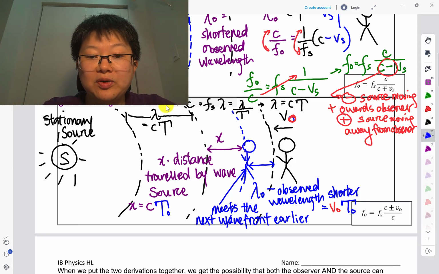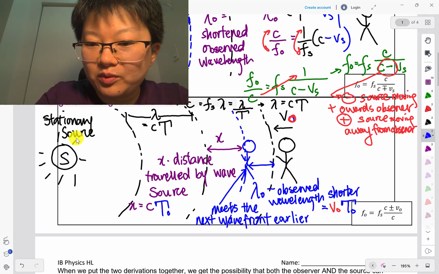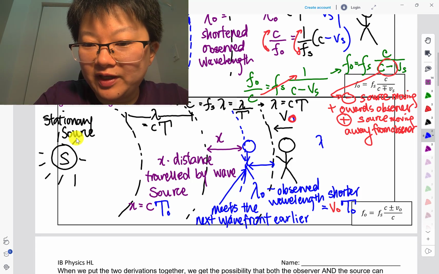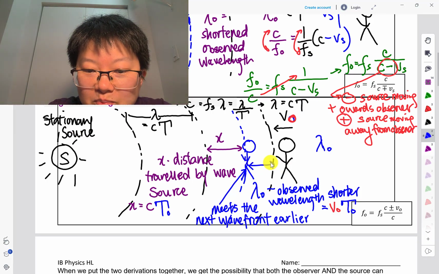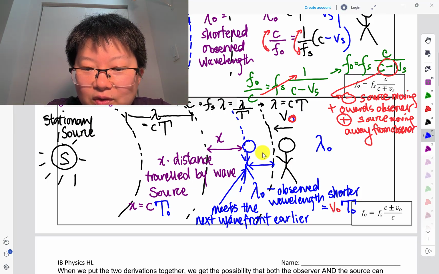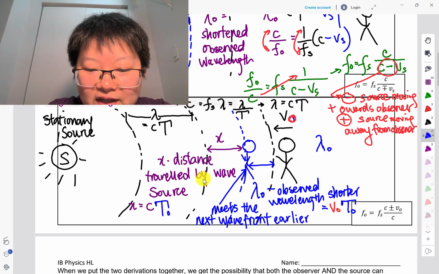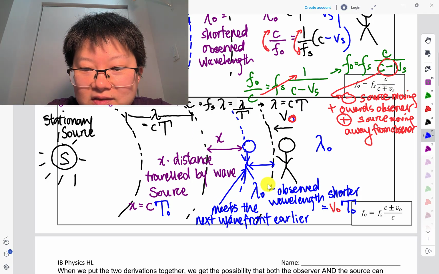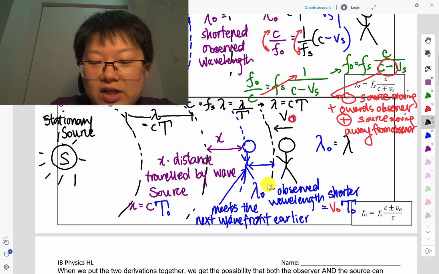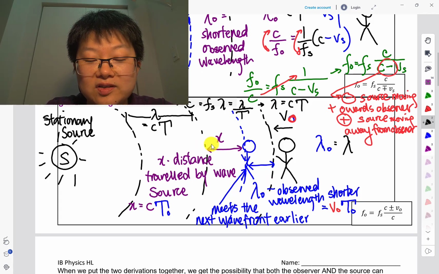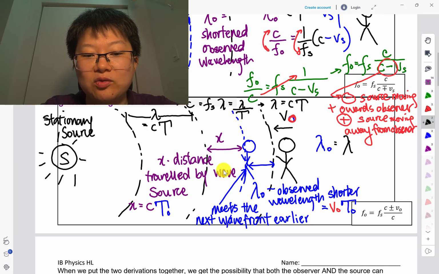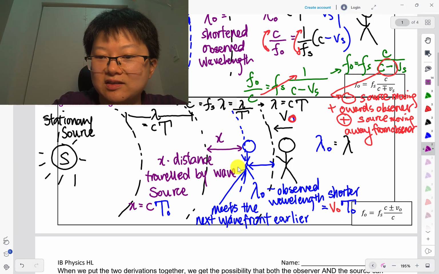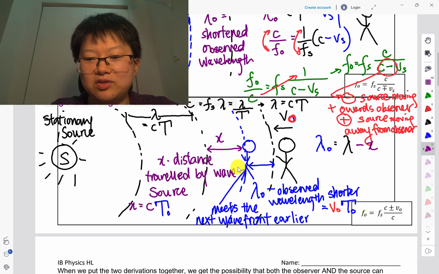Now, if we want to put all of this together, in terms of distances, we can see how our observed wavelength, which is this part here, is going to be the entire wavelength between these two black lines. And that's going to be the original wavelength of the source minus this distance traveled by the source of the wave, minus the x over here. It's kind of similar to what we did before.